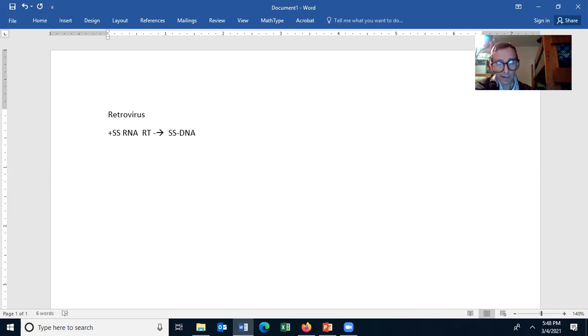And then the reverse transcriptase can take that and make it double strand DNA, which I guess we should abbreviate DS. Any question about that?